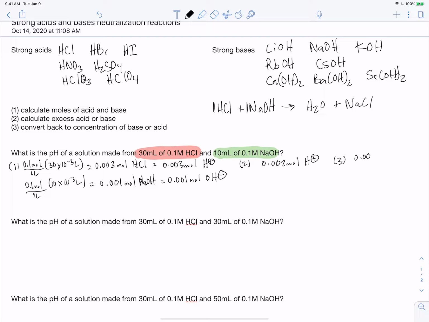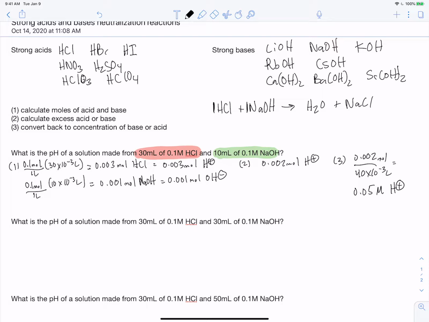And so we take 0.002 moles of H plus and we divide it by 40 times 10 to the minus third liters, and that gives us 0.05. Right, 0.005 molar H plus.